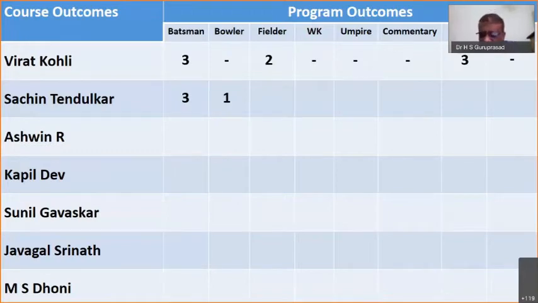Now, 1, no problem. Tendulkar to fielder, yes, mapping is there, but to what extent? 3, 2 or 1? Many of you are telling 2. Most of you are telling 2. Very good. Tendulkar to fielder, it is 2.